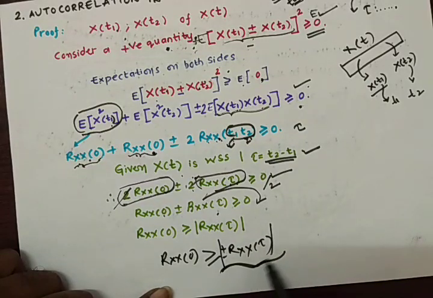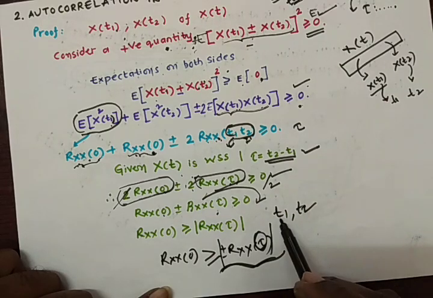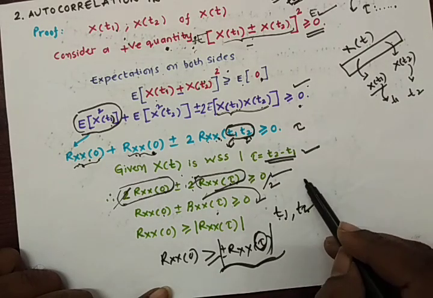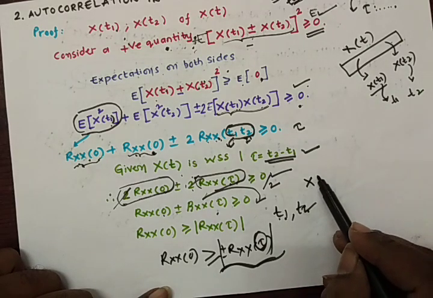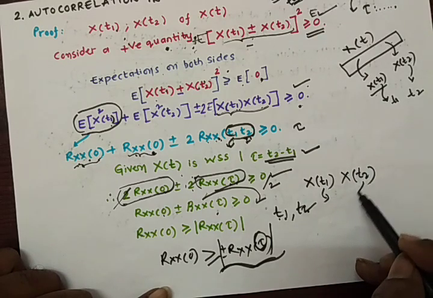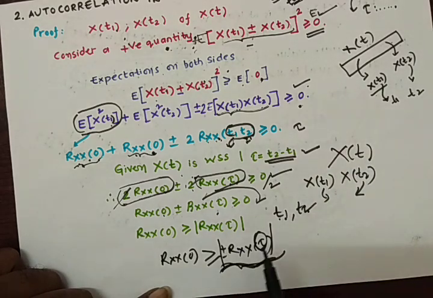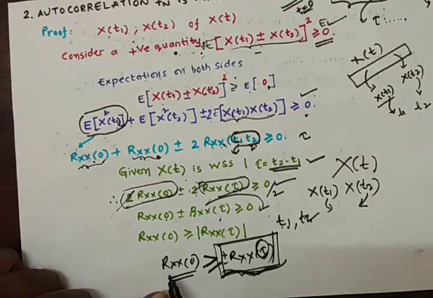So whatever may be the value of tau, whatever may be the values of t1 and t2, in other words whatever random variables are chosen at two time instants within the same random process X of t, their autocorrelation function must be less than or equal to the autocorrelation function defined at the origin only.